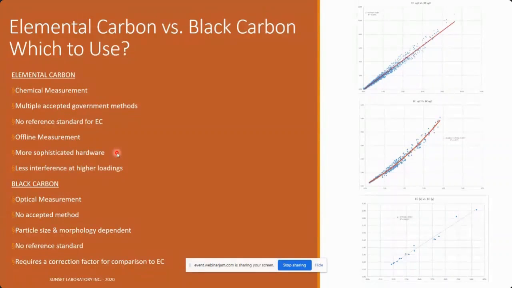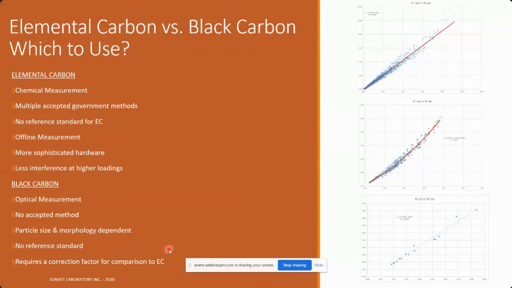Sunset Labs instruments have the ability to do this. However, not all do. So it begins to create these networks and research comparisons where only one single instrument can be used, because there's no accepted correction.